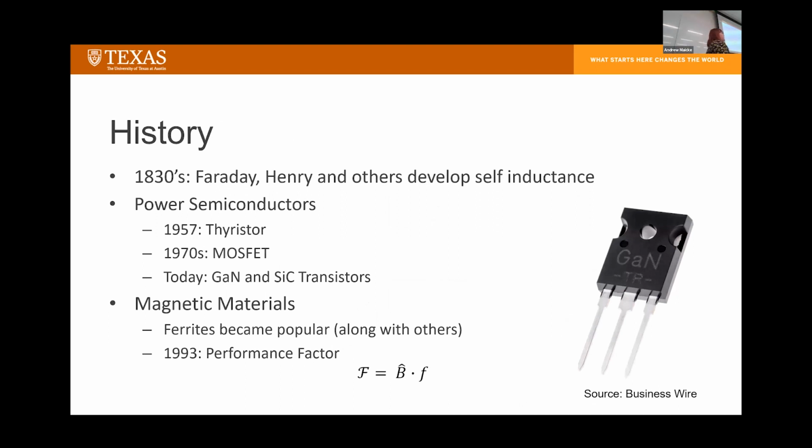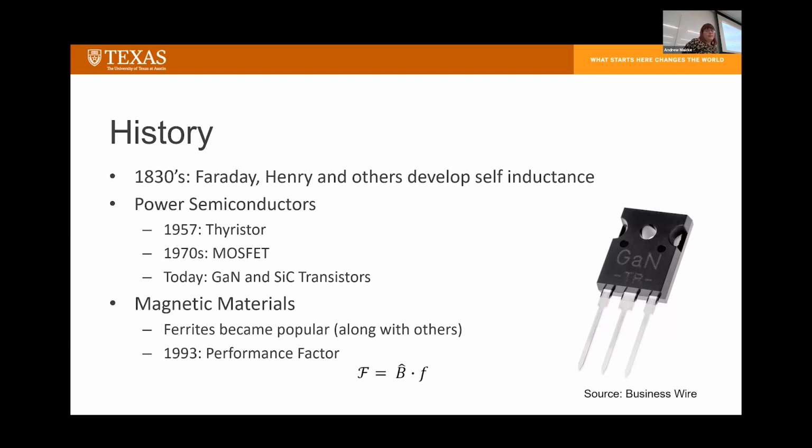So moving on to a bit of the history. In 1830, Faraday, Henry, and others found self-inductance, and really it hasn't changed since. The fundamentals are still the same, but what really has changed in power electronics is power semiconductors, which are a little bit different from CMOS.